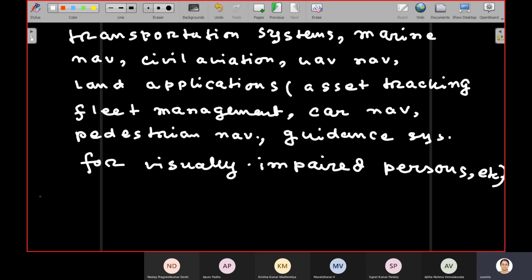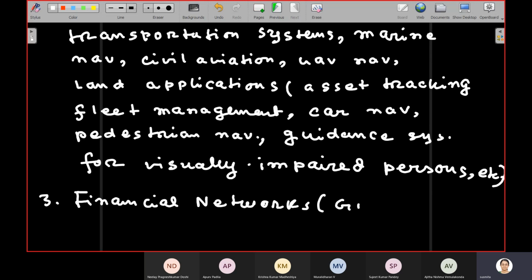Okay. The third area is financial networks, where again GNSS time is important. Whether it is stock markets or ATM networks or internet banking, anywhere while making any financial transaction, time plays an important role.